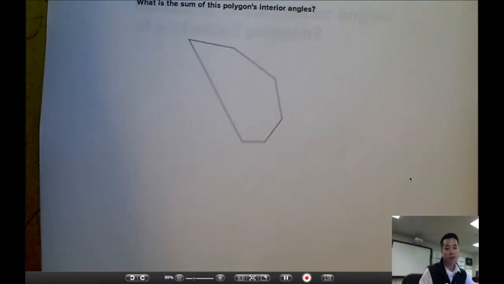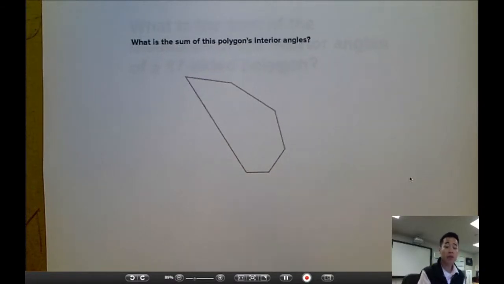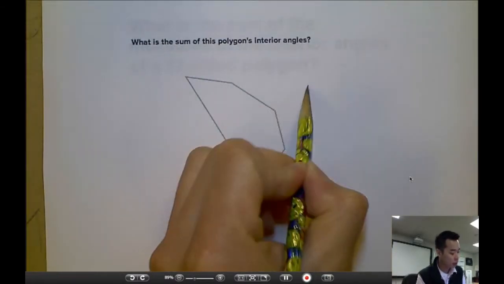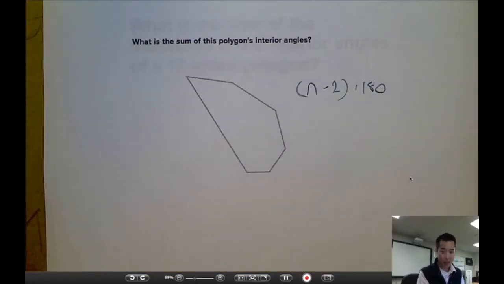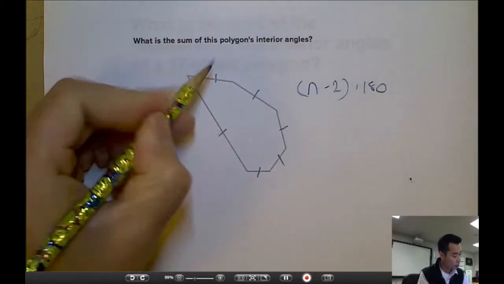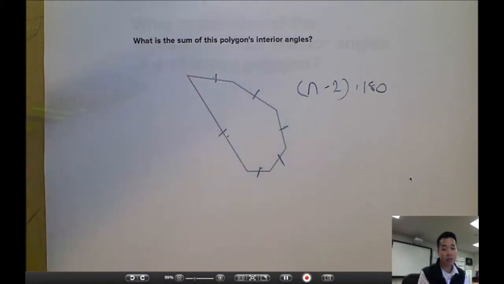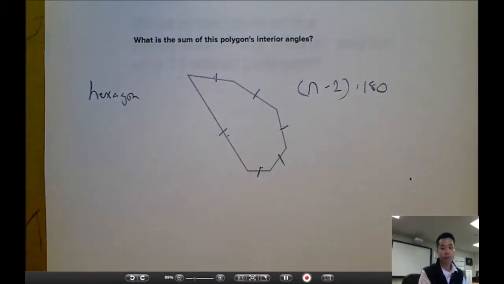Okay, so let's do this first example. What is the sum of this polygon's interior angles? First thing you're going to do, write the formula down: n minus 2 times 180. Second step, count the number of sides. This has 1, 2, 3, 4, 5, 6. So we know this is a hexagon.